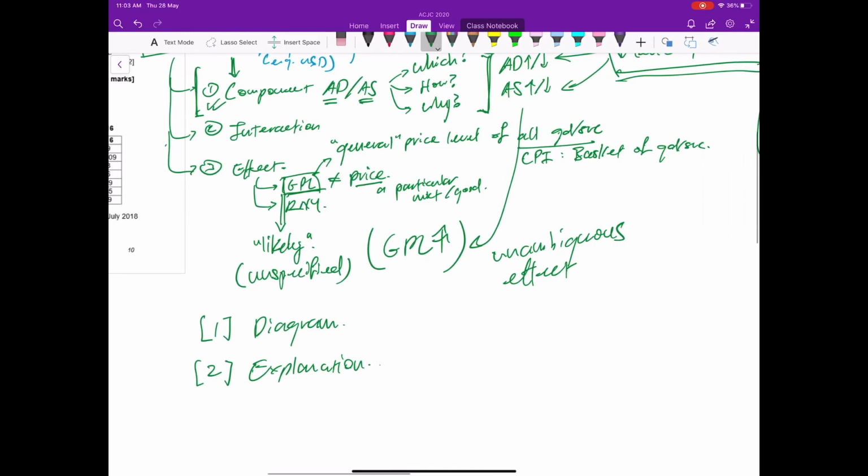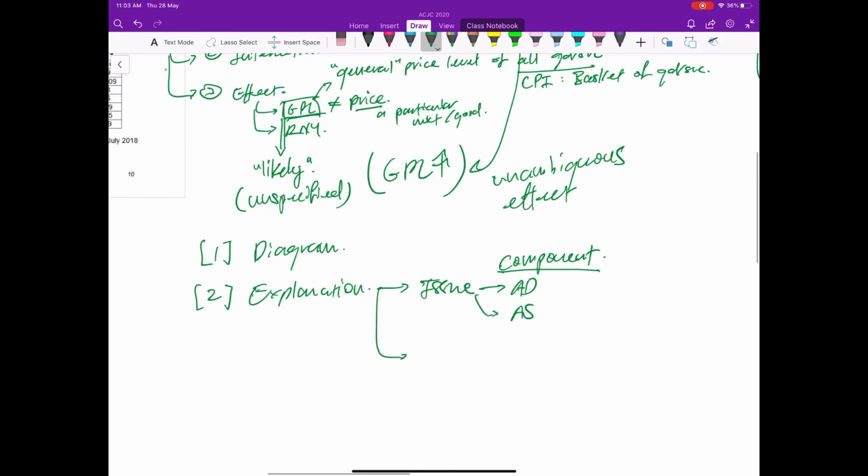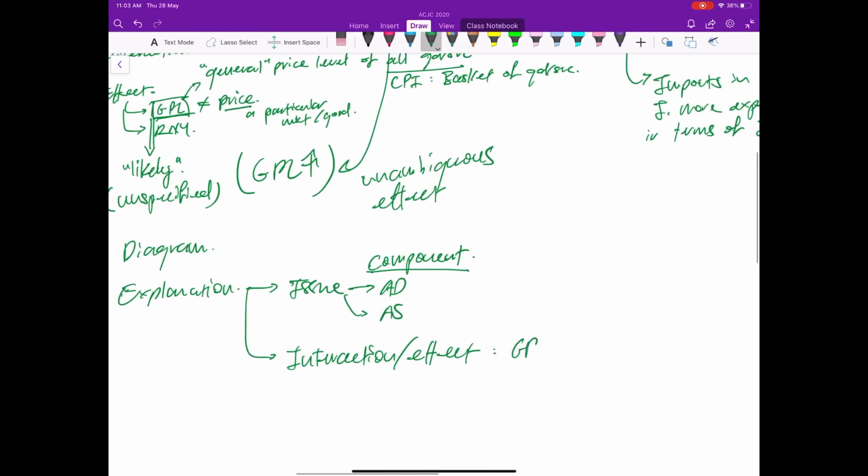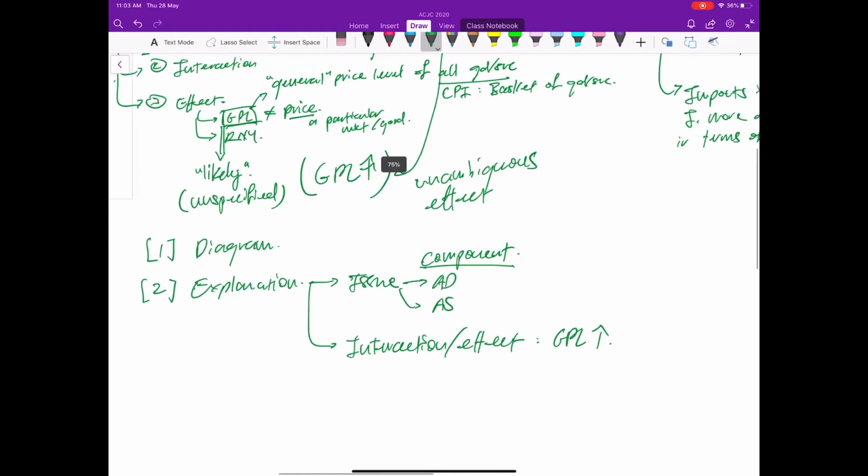The explanation you must do the issue to the AD or the AS, which is the component of the ADAS model, and then the interaction and how that leads to the effect, which is your GPL increasing. And this together will form one mark. I will not write out the answer again in detail, especially for the interaction part, because I think at this juncture you should already have the strong enough theory to answer this on your own. Okay.